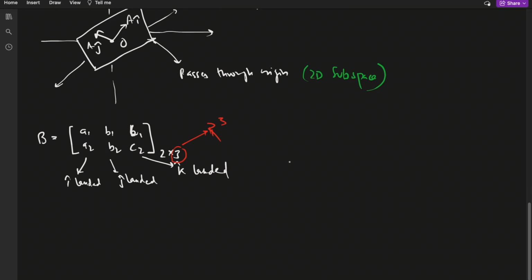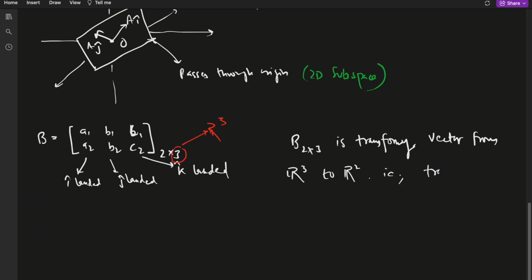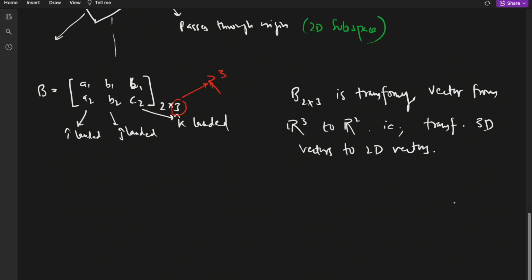So what this means is that this 2 cross 3 matrix is transforming vectors from R3 to R2, that is, transforming 3D vectors to 2D vectors. So kind of knocking down.